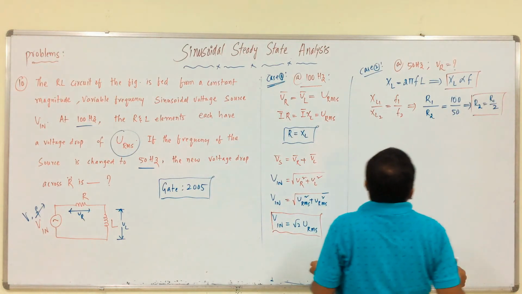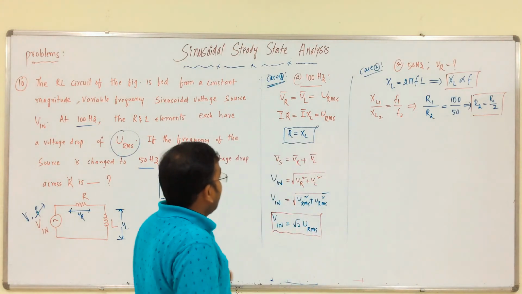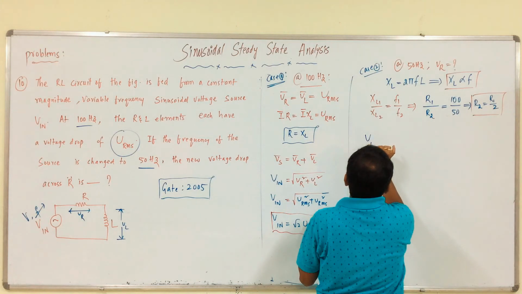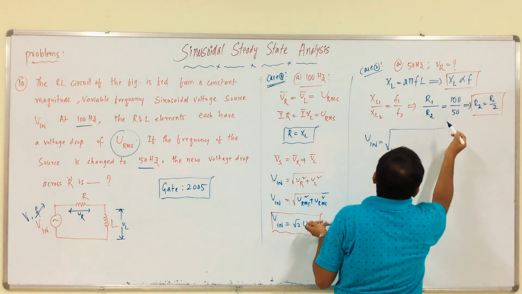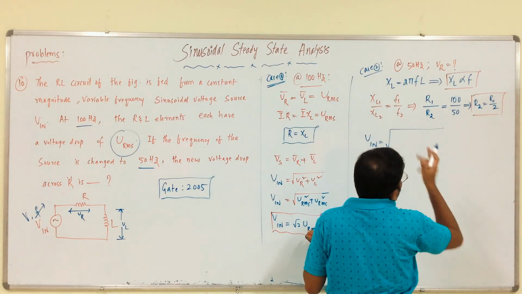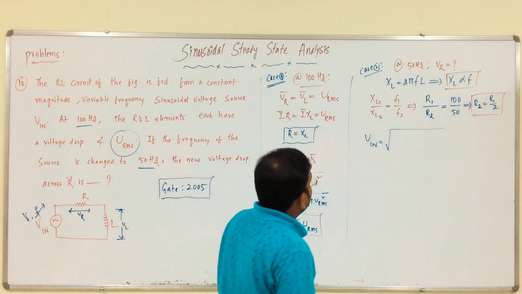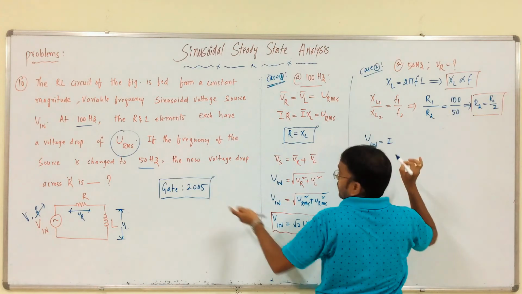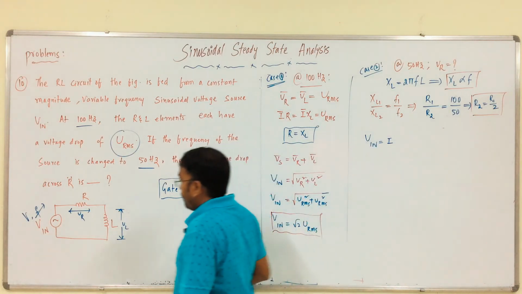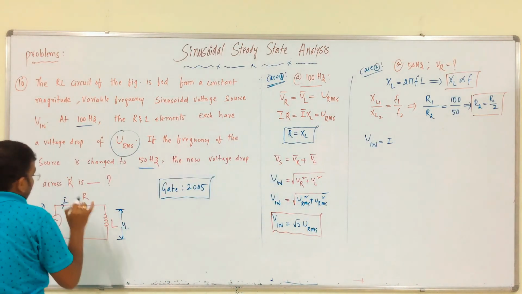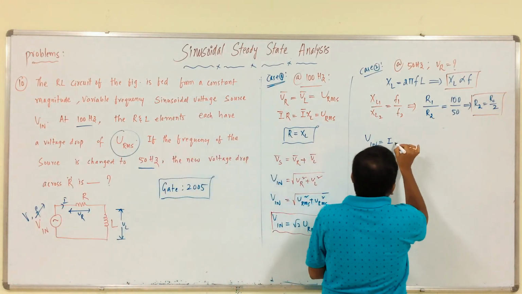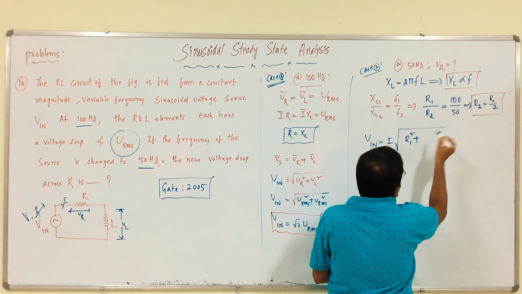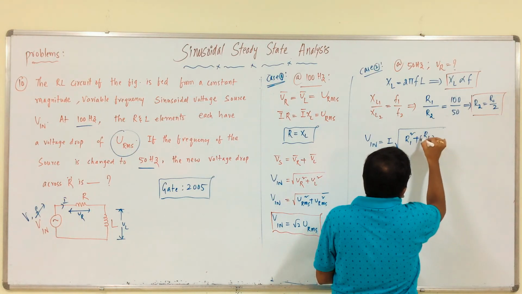Therefore, from this we can calculate V input again. V input is I into R, and since it is a series circuit, the current is the same. So I into square root of R1 square plus R2 square, where R2 is R1 by 2 whole square.